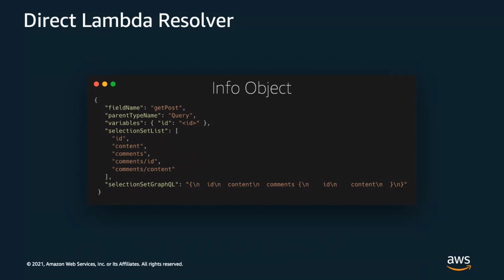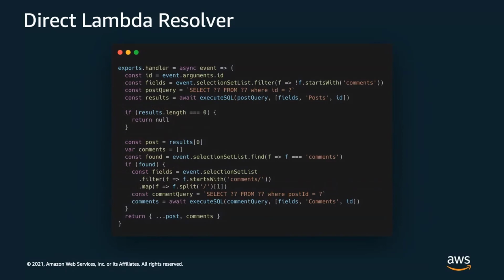So what our clients are requesting: ID, content, and then the list of comments with the ID and the content. Why is this so important? It's important because then in the Lambda function that is invoked, we can create a specific business logic that can return the right data.